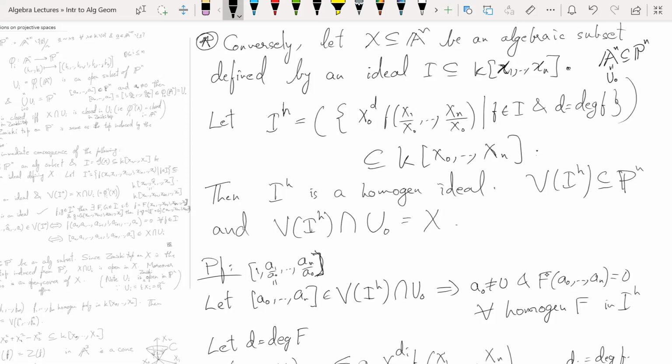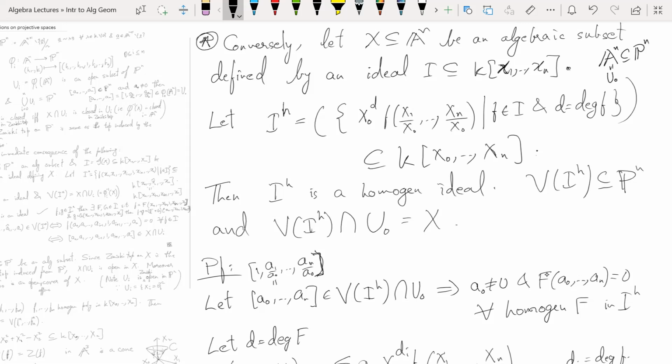These are rational functions in x0 to xn, and let's say d is the degree of f. Then if you multiply by x0^d, it doesn't remain a rational function. All the denominators get cleared, and you get a polynomial in x0 to xn. So you consider such polynomials.